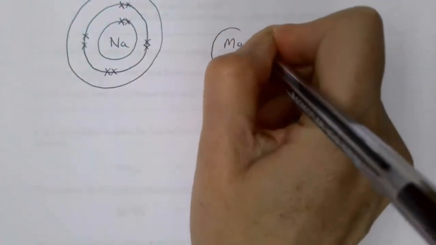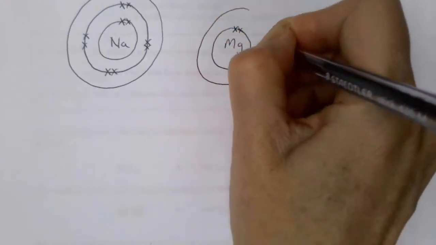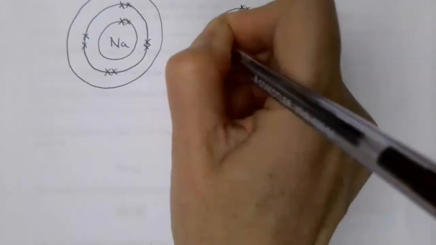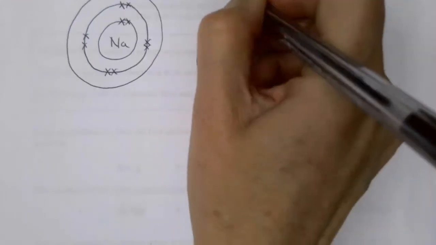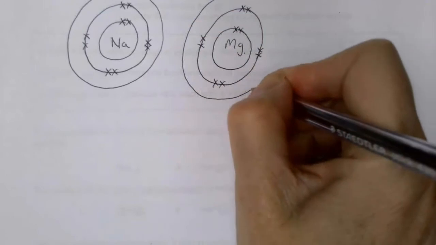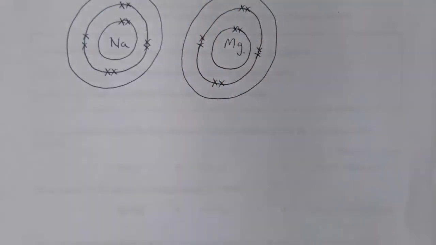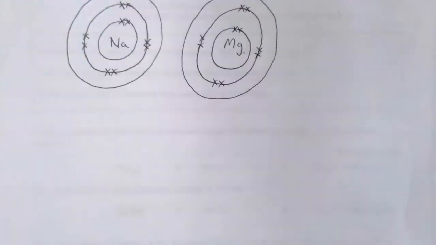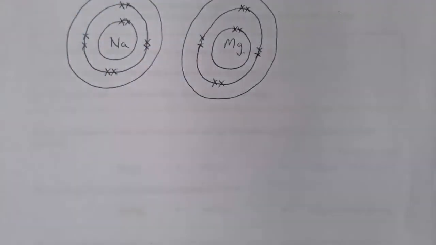Magnesium again has 2 electrons in the first, 8 electrons in the second, and 2 electrons in the third. Now, the first ionization energy of sodium, we remove this electron here. So this electron is removed.